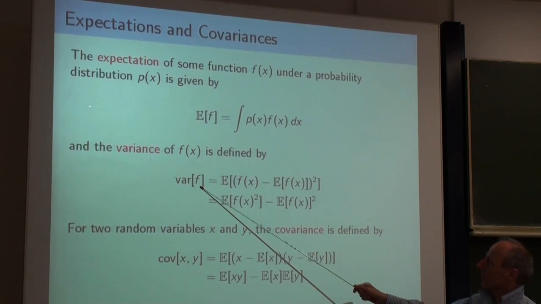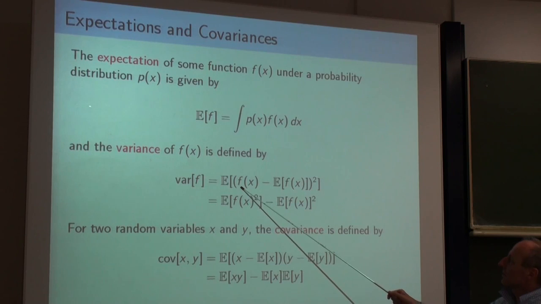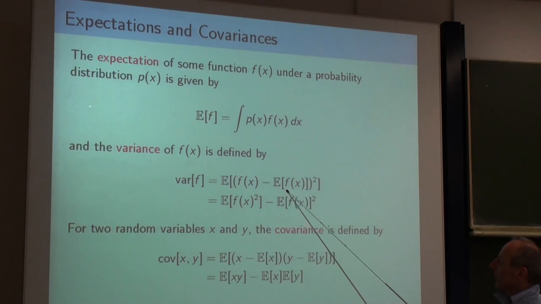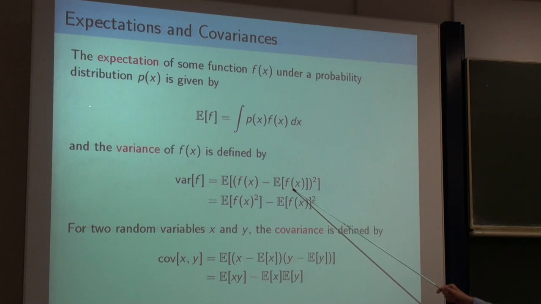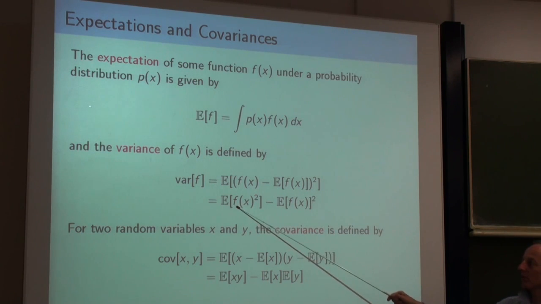So the variance of some function is the expected value of f of x minus the expected value of f of x, this difference squared. And now it's easy to show that this is equal to the expected value of f squared minus the expected value of f, squared.